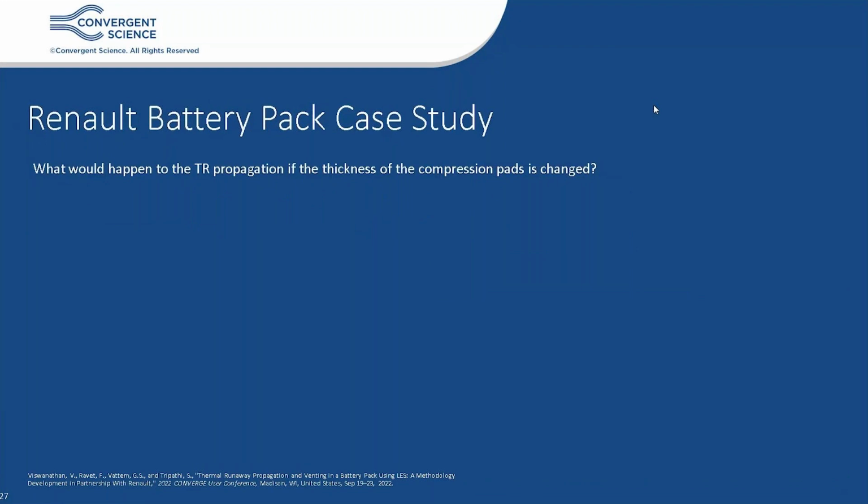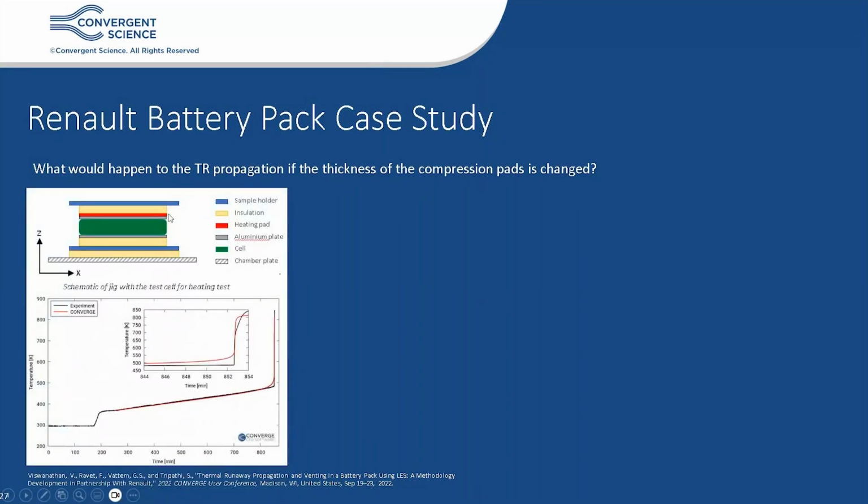Another example for battery pack thermal runaway propagation studies is the work we did in partnership with Renault. Engineers at Renault wanted to investigate what would happen to thermal runaway propagation if they changed the compression pad thickness. So we developed a methodology to investigate this.